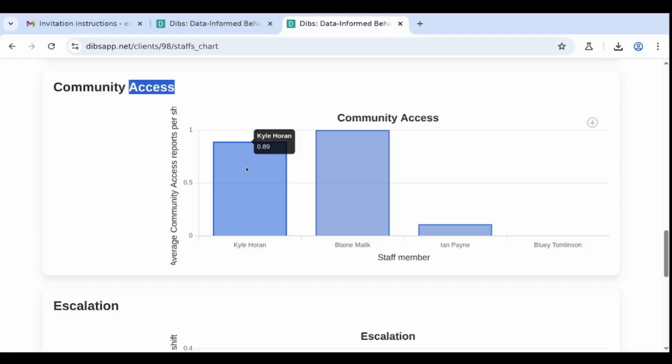So what this is telling me here is that 89% of the time Kyle Horan works with Gary, he's taking them out to community. This tells me 100% of the time Blaine is taking them out to the community, but Ian and Bluey, for example, are not. And there could be really good reasons for that. Maybe these guys always do night shifts, for example, but maybe there's not good reasons for that. That would be a good question to follow up with Ian or Bluey.